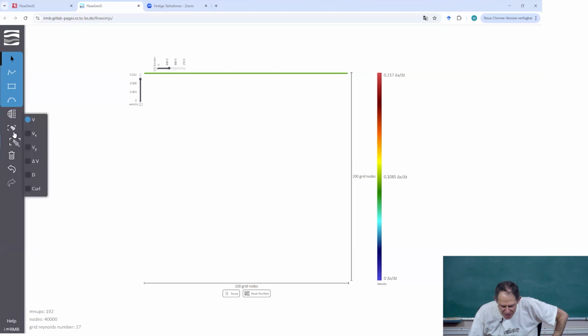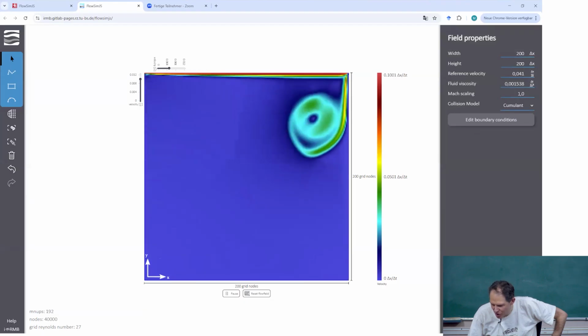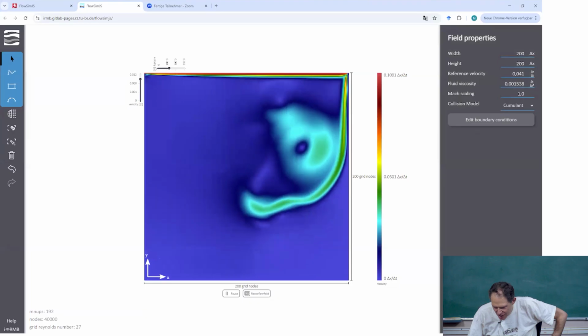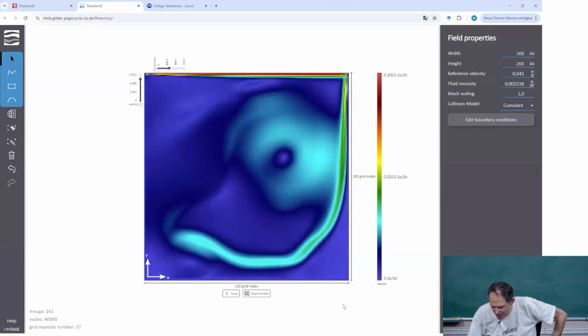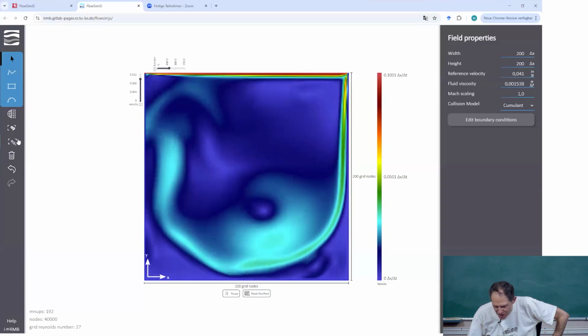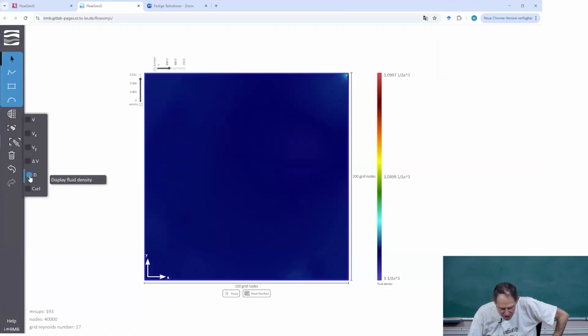So you see, there is obviously a difference whether we use the simple operator that was already crashing now, or we use the cumulant methods. So the cumulant method at this Reynolds number has no particular problems.